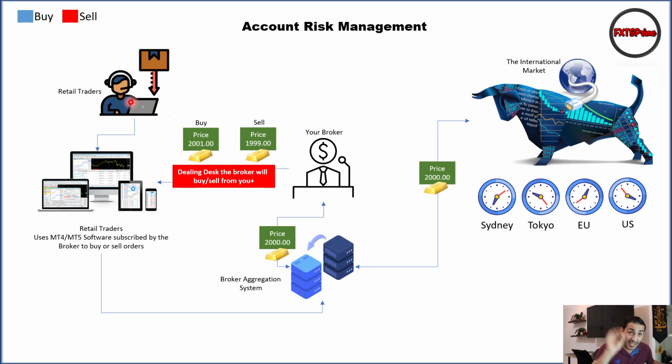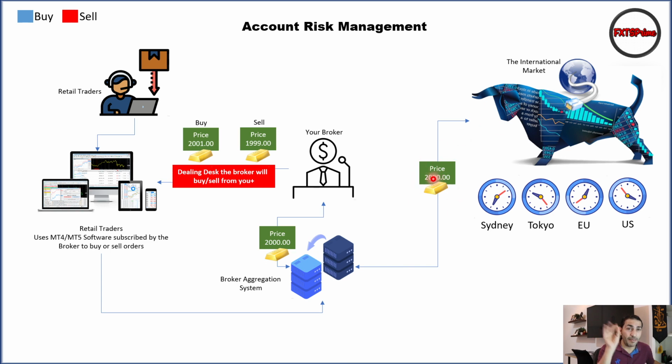So in the ECN situation, let's discuss what is going to happen. You open your order on your mobile, in your Metatrader or your laptop. The order goes to the Metatrader. The Metatrader sends it to the aggregation system of the broker, and the aggregation system is connected to the market.